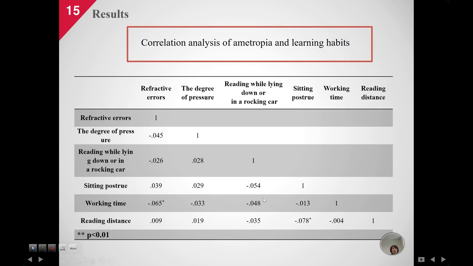There is no relationship between reading distance, one hour at home, writing postures, lying down, degree of stress, and refractive errors. There were also no correlations found between refractive abnormalities and working time at home.